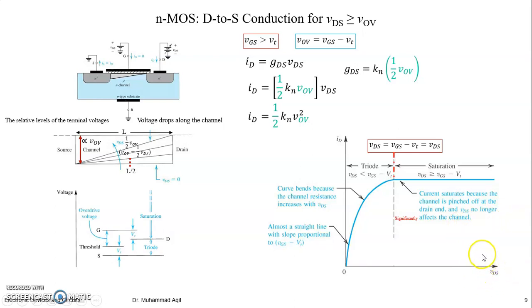But let me introduce you here, remember the early effect. It will affect, but it is a very small effect, so we can neglect it at this point, and we will consider it later. So at this point only you can use the VOV square formula, otherwise put VDS whatever it is, with VOV separate. VOV is VGS minus VT.